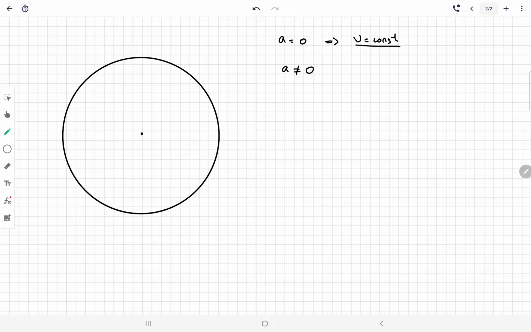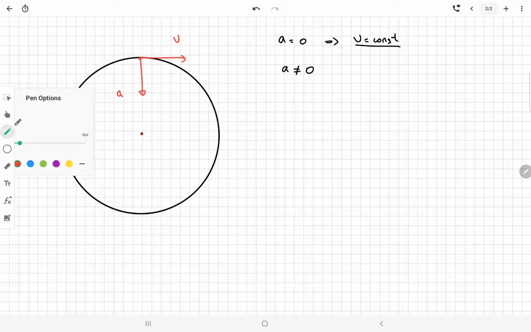What does centripetal mean? From here you can understand that the direction of the acceleration will always be directed to the center. So this is the center. We have an object moving in this direction, for example. Acceleration will be directed to the center. That's why we call it centripetal acceleration.